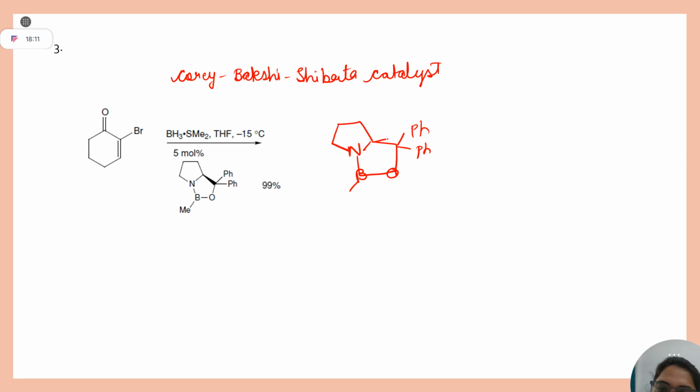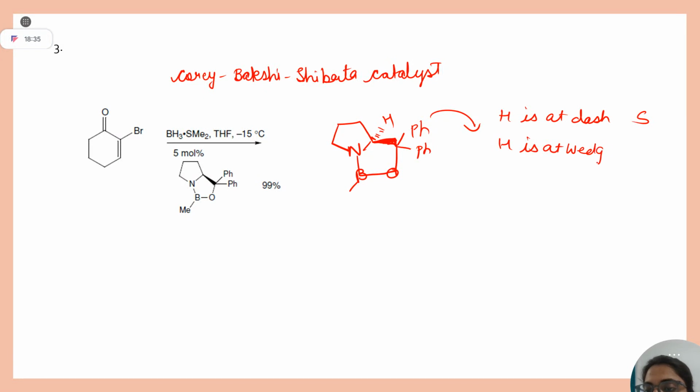If this bond is wedge, obviously this hydrogen will be at dash. Now one thing you should know: if hydrogen is at dash, it is S, and if hydrogen is at wedge, it is R. But why should we remember all this?